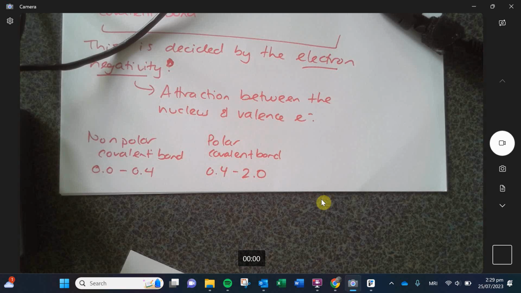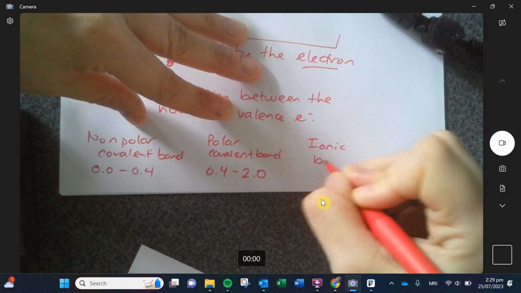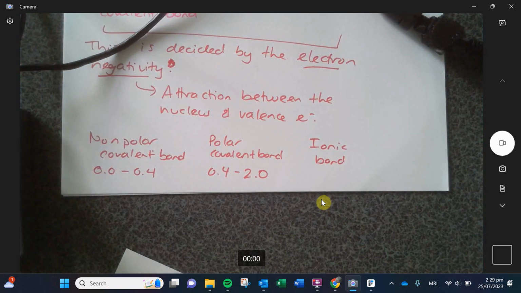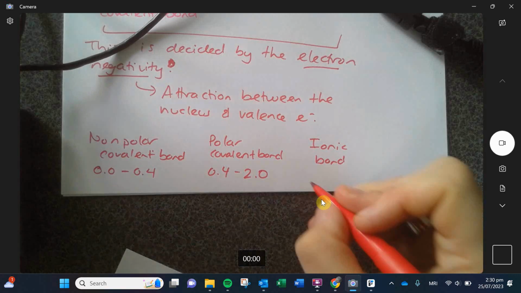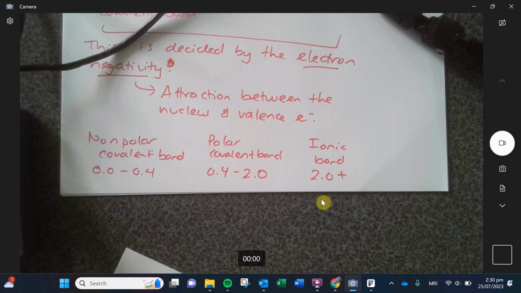And then the last bond that we are thinking about is the ionic bond. So that's the full transfer of the electrons from one atom to another atom, forming ions. That difference is anything above 2. So if the difference between the two atoms is greater than 2, you should expect an ionic bond.